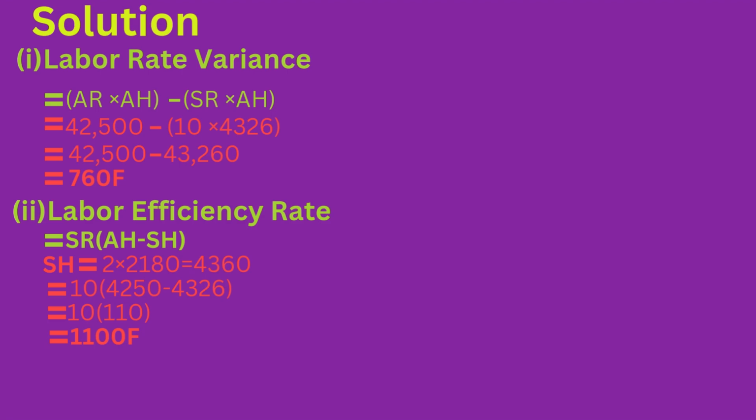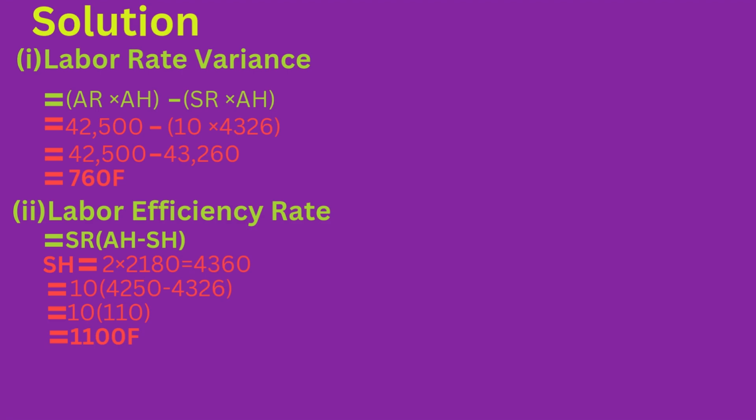The next one is the labor efficiency variance, which is given by standard rate into actual hours minus standard hours. Standard rate, we have 10 shillings per hour into actual hours, it's 4,250. That's our actual hours. So I will say minus standard hours.